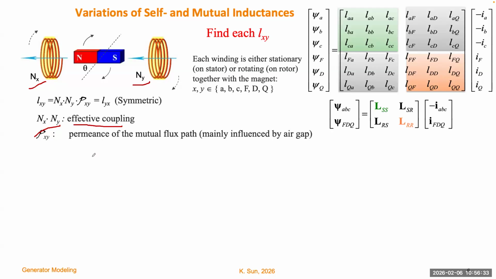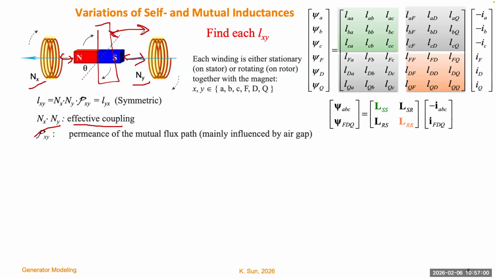P, as I said, is just permeance. What determines P? P depends on the distance, the air gap, between the magnet and the winding. If the air gap is 0, the permeance will be largest. If the air gap increases, the permeance will decrease. Why does the permeance change? Because if the rotor moves to this position, the air gap becomes bigger, so the permeance will decrease.